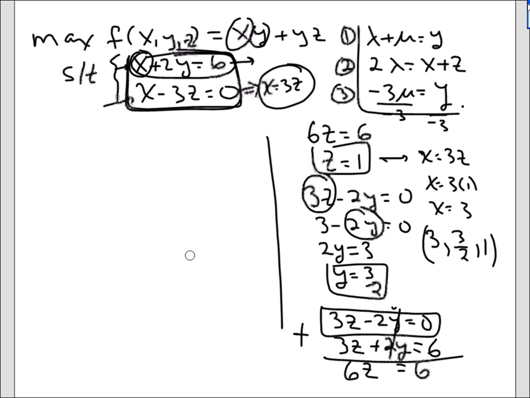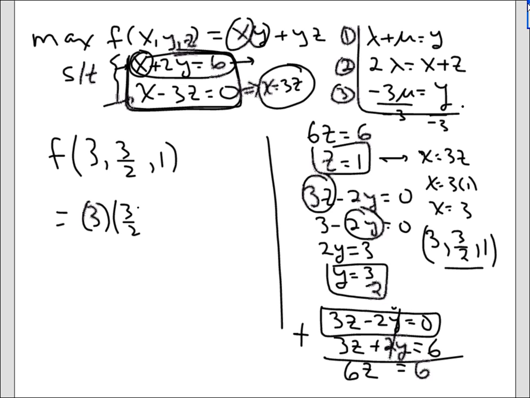If they ask for the point that maximizes f of x, y, z, you are done. If they want the max, well, f of x, y, z is x times y plus y times z. And you can factor out this 3 halves.